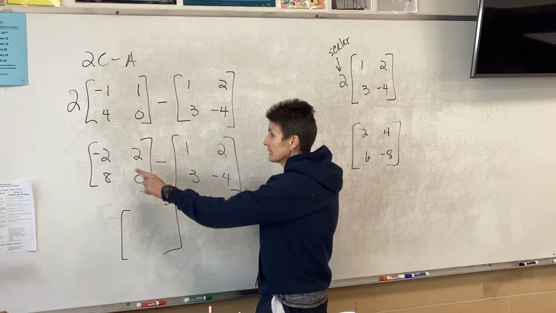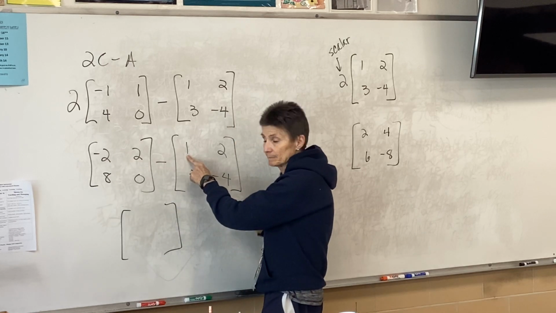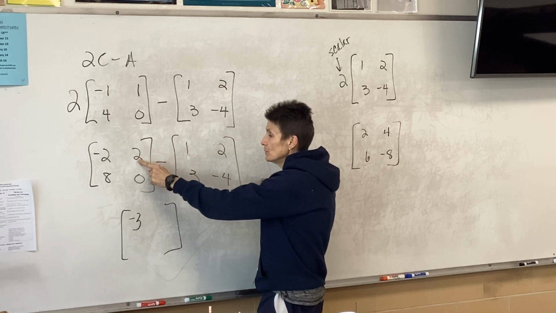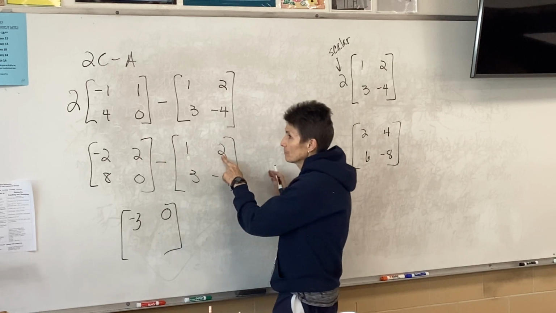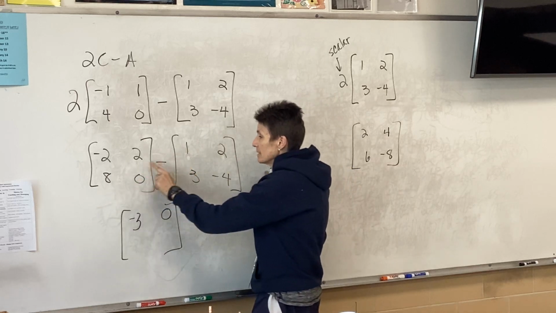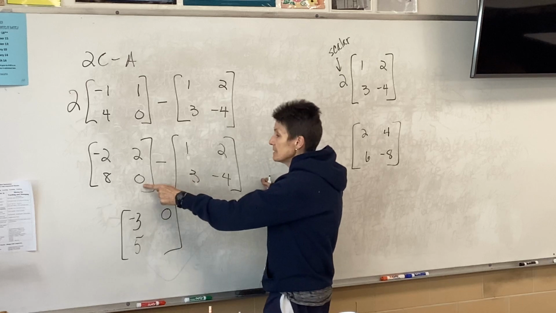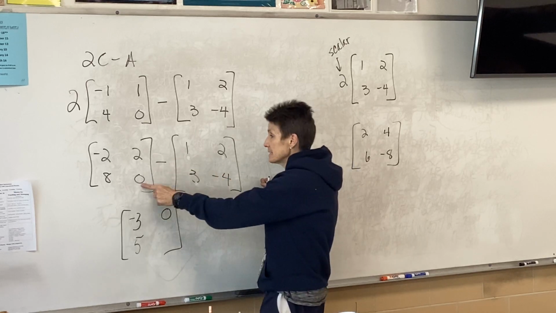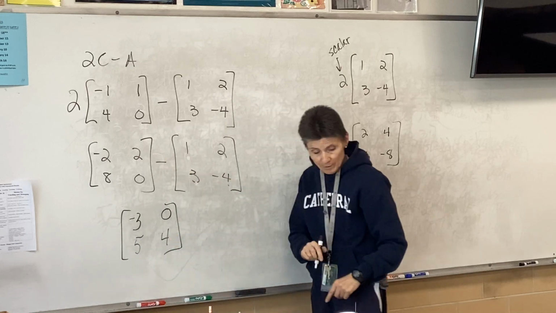So I will take negative 2 minus 1, 2 minus 2, 8 minus 3, and 0 minus negative 4. And there's your answer.